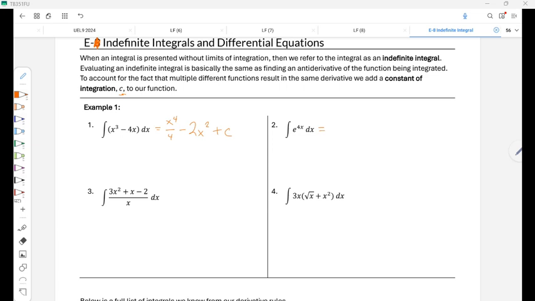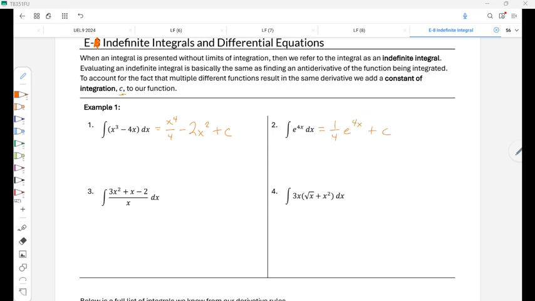It is a linear chain rule problem with integrals, but we're working in reverse, so we have to do the reverse thing. When we take the derivative, hopefully we're really good at dropping that 4 out front. But when we're integrating, instead of multiplying by 4, we divide by 4. So the answer to this one is 1/4 e to the 4x, and then plus c.